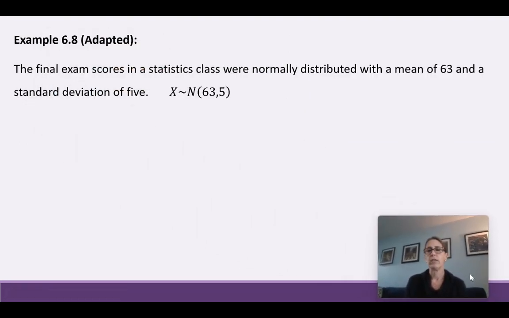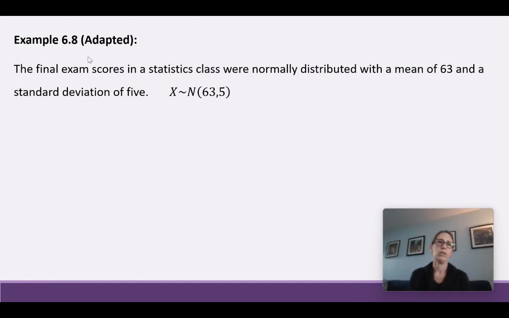So let's look at our first example, and it's from the book, 6.8. I changed the number a little bit just to make it a little bit easier to think about to start. Final exam scores in a statistics class were normally distributed with a mean of 63 and a standard deviation of 5.